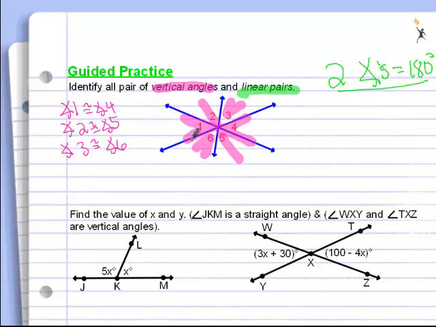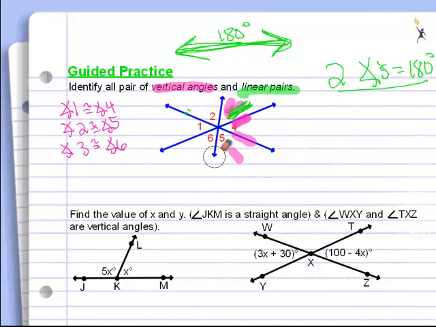Well, let's go through. Are 1 and 2 supplementary? Doesn't look like it, because remember, supplementary is 180, and 180 ends up being a straight line. Well, let's check 2 and 3. Are 2 and 3 supplementary? No, again, not a straight line.